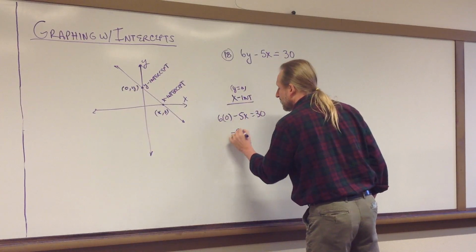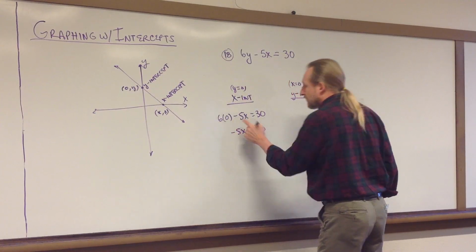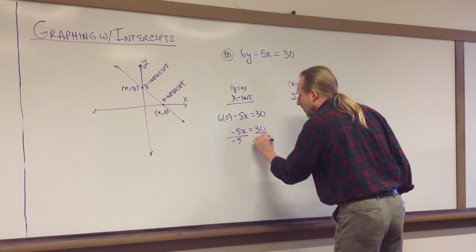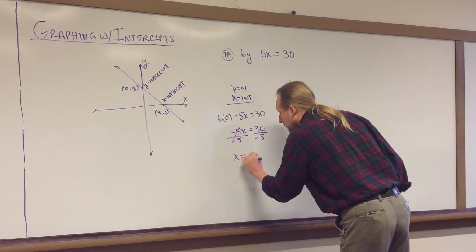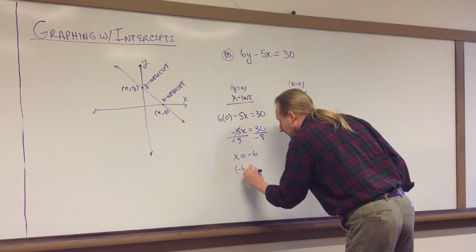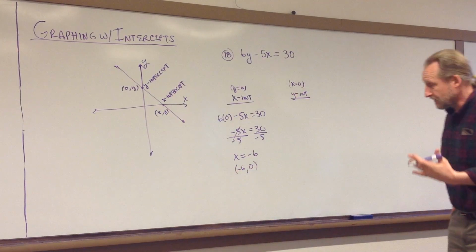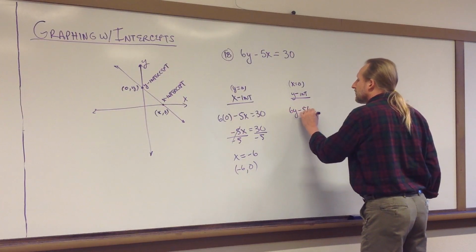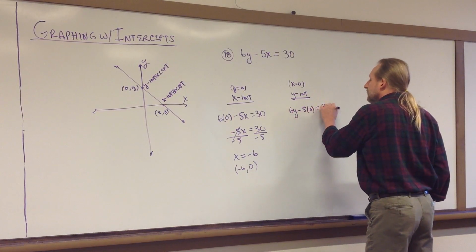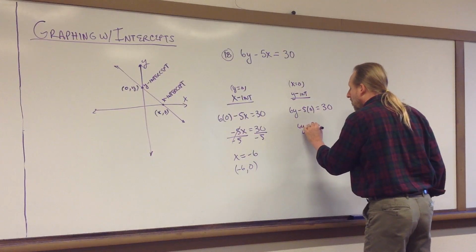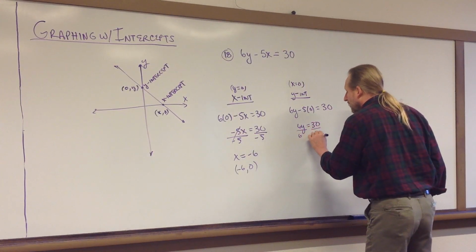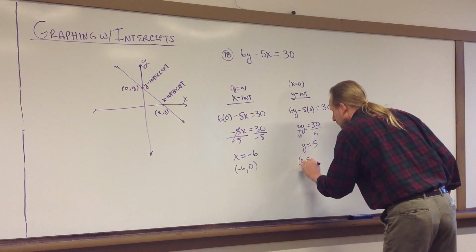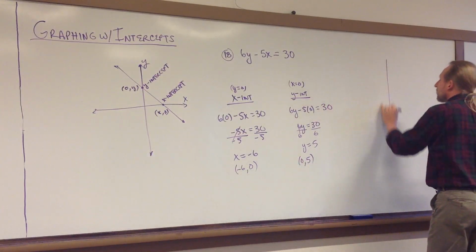So that gives us negative 5x equals 30. Again, don't lose that negative sign. It's attached to the 5. This will say x equals negative 6. And so the x-intercept is negative 6, 0. Let's see, 6y minus 5 times 0 equals 30. And so here, y equals 5. So this is the point 0, 5.